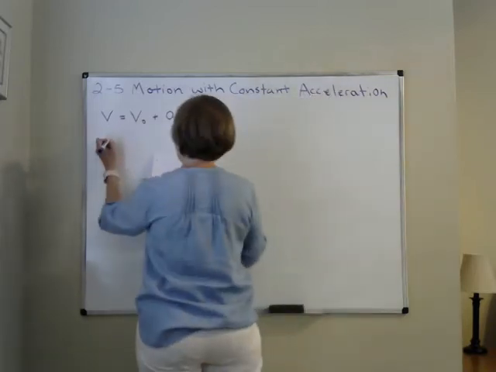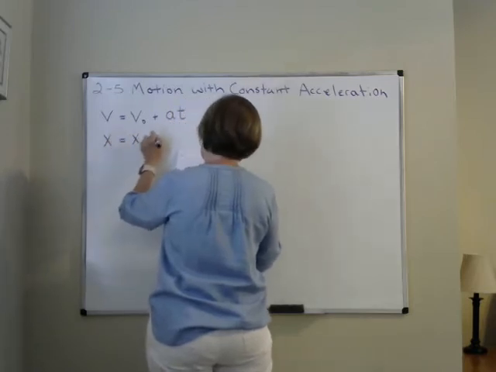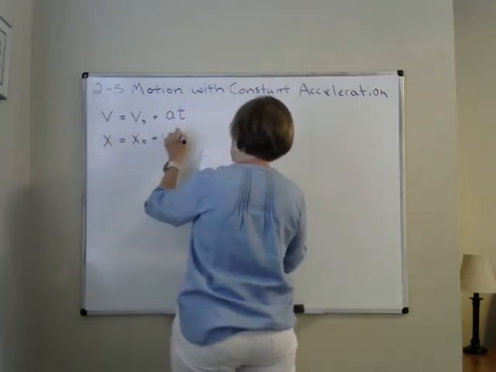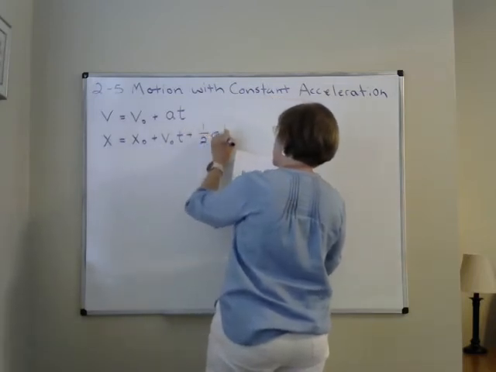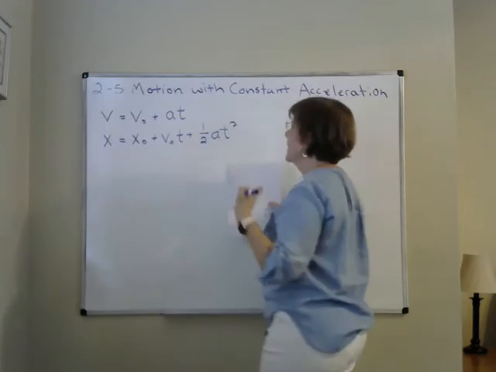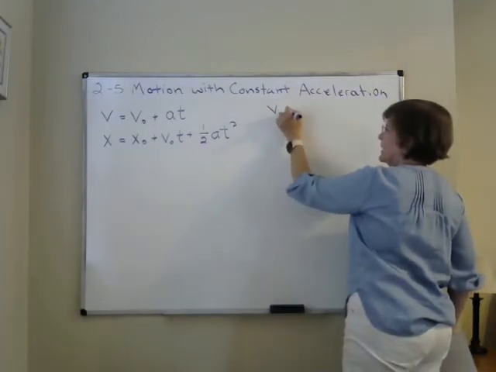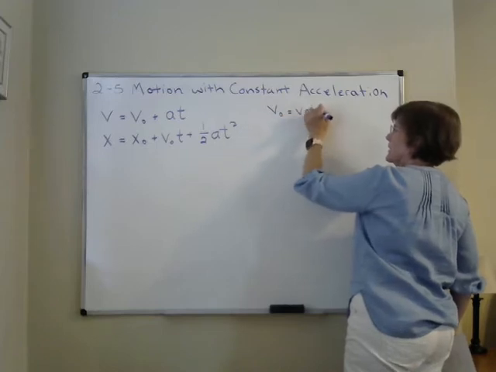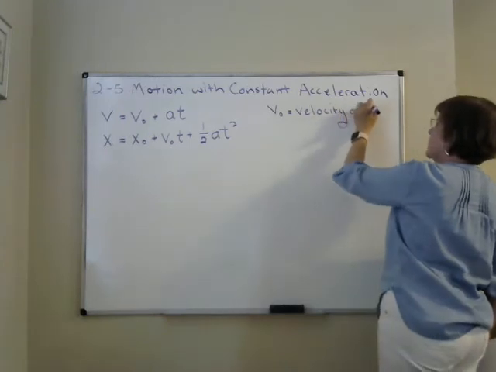Your position is given by x0 plus v0t plus 1/2 at squared. Let me go ahead and define some terms. v0 is your velocity at t equals 0.